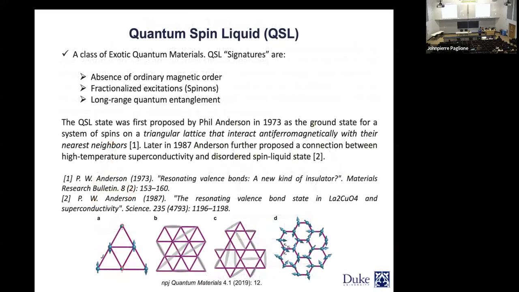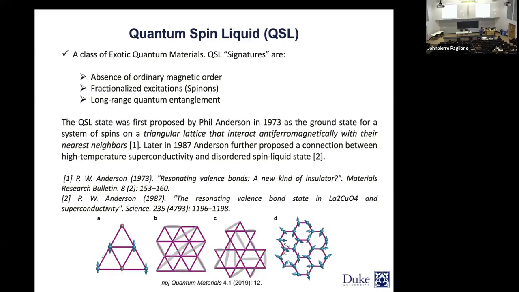Okay. Now, when we talk about frustrated systems, one of the most important consequences of that is quantum spin liquids. Quantum spin liquids are a very interesting state of matter, and there are different categories of them. On paper, when you look at the theory, it is beautiful, and it describes different groups of quantum spin liquids.